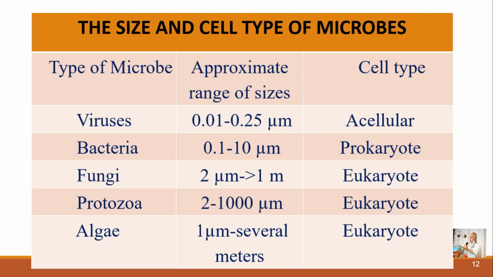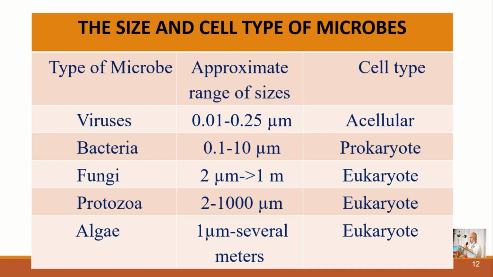Again, the size of the cells: if you could see, type of microbe, approximate range and cell type: viruses, bacteria, fungi, protozoa, algae, all of them have a different range. Viruses are the smallest, inactive; bacteria next to them; then fungi, microfungi and macrofungi.